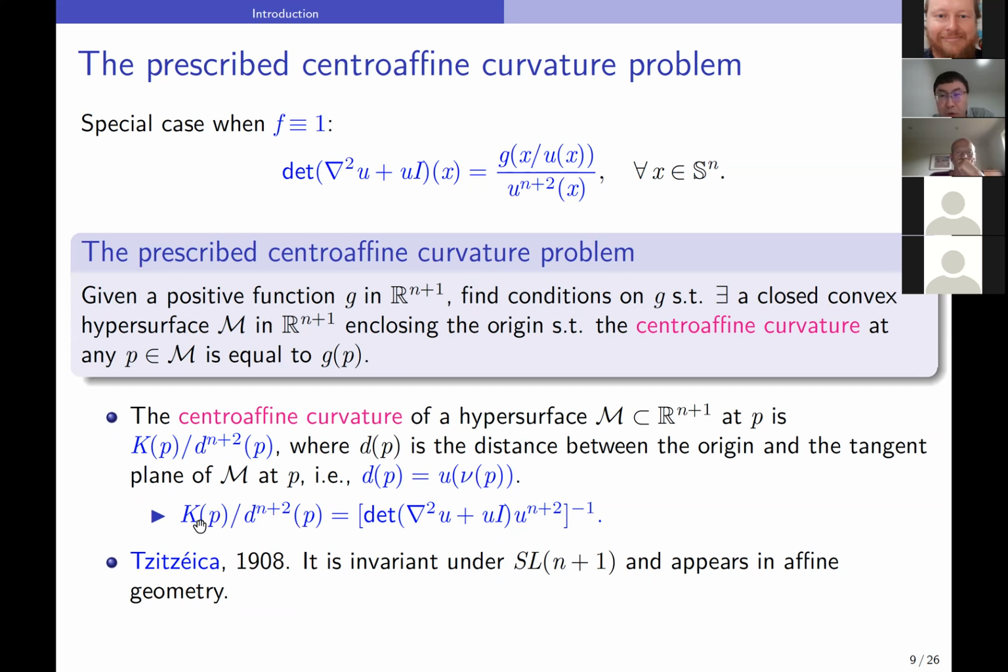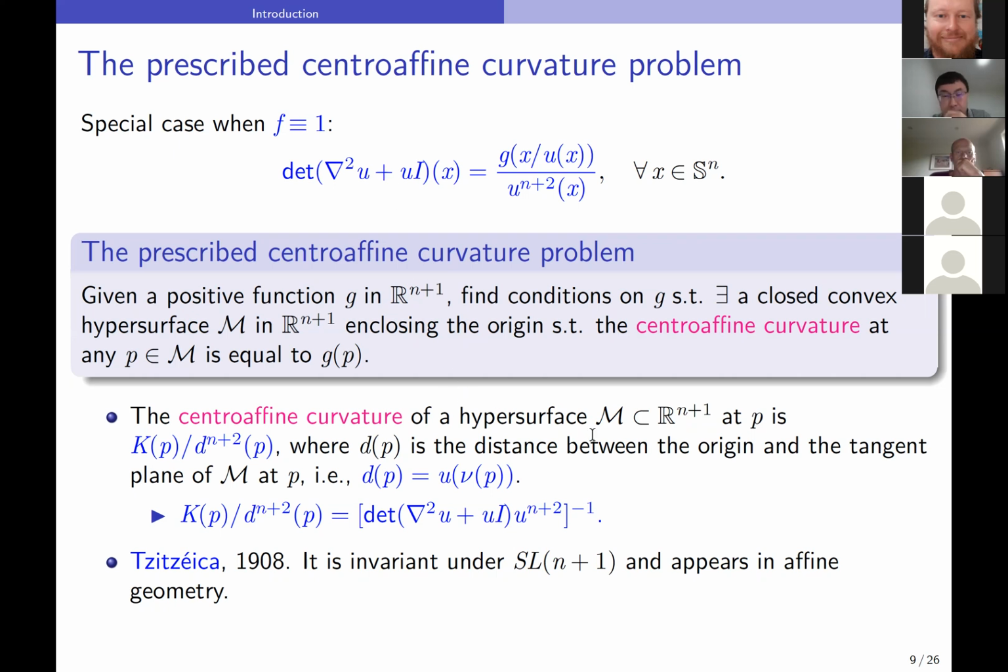So we can write the centro-affine curvature as 1 over the determinant of this matrix times u to the n+2. If you move this term u to the n+2 to the left-hand side, the left-hand side is just 1 over the centro-affine curvature.